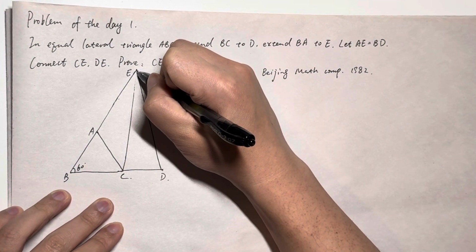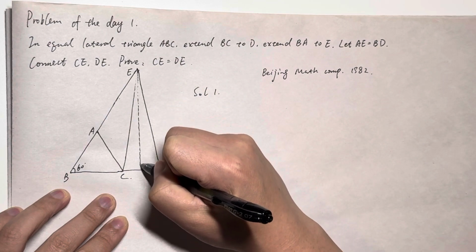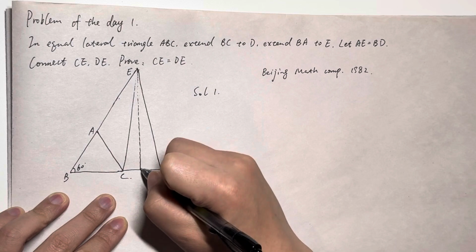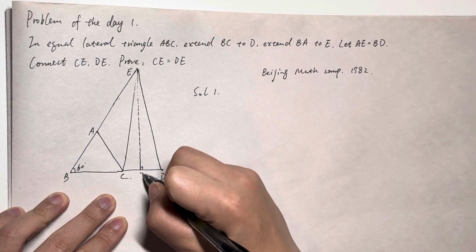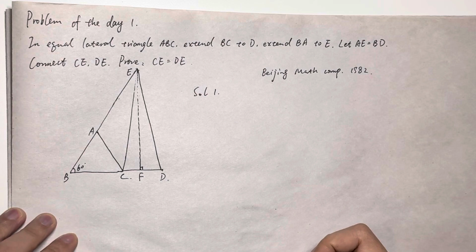That makes us think of drawing a perpendicular line from E to BD. And let's set this as F.